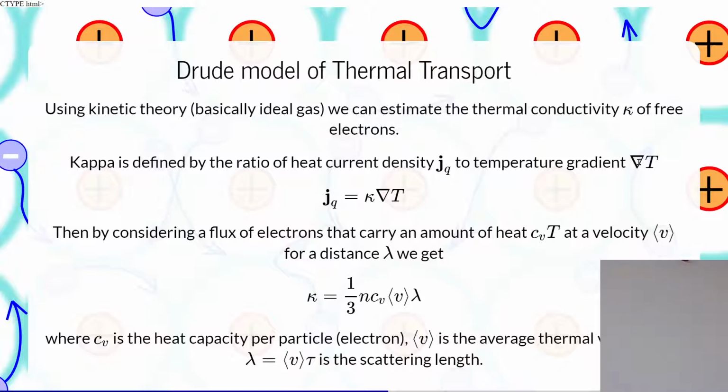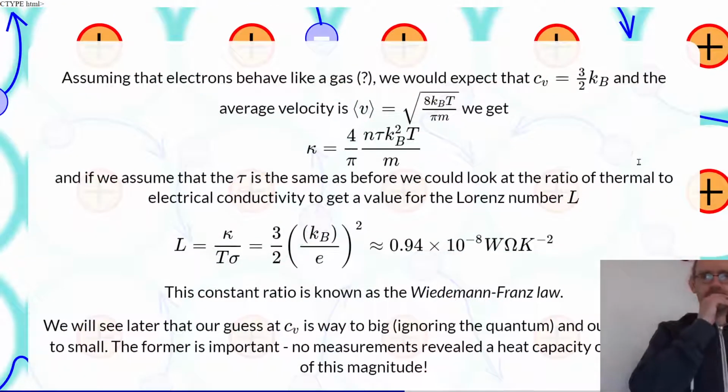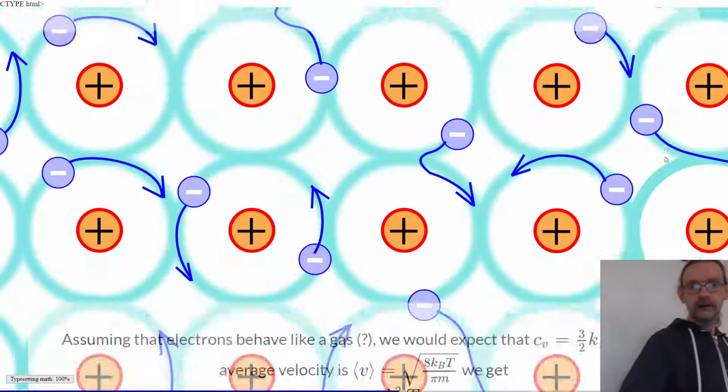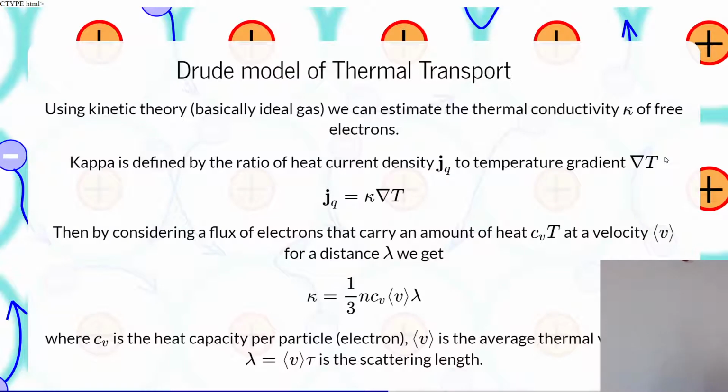Again, it's the same thing. We've got our expression for the velocities. We've got the equation. We take our average velocity from the Maxwell-Boltzmann distribution for classical gas, plug it in, and we get our proportionality, this thermal conductivity.